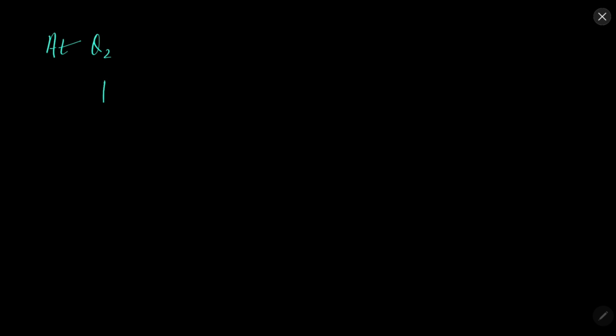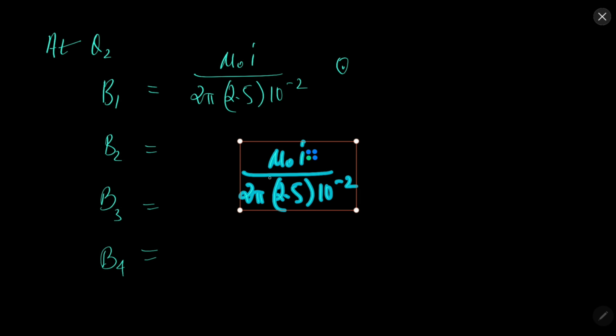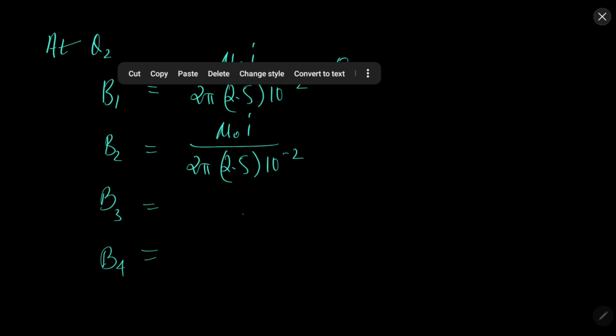Now at Q2, we will have B1, B2, B3, B4, which will be mu naught I over 2 pi into 2.5 into 10 to the power minus 2 outside, and then similar values will be there.